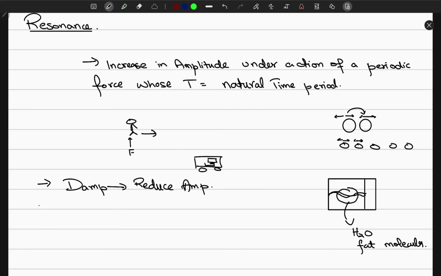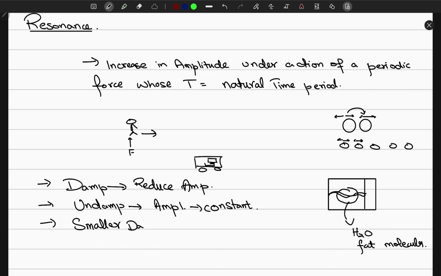And if there is no damping, so you call it undamped oscillation, in that case the amplitude will remain constant. And if I have a damping force which is small, a smaller damping force would in turn produce a sharper resonance.